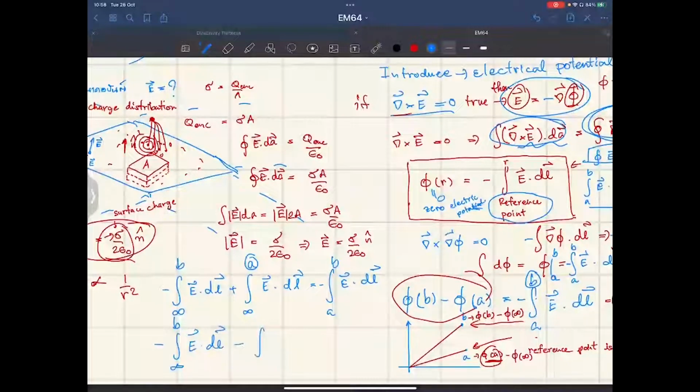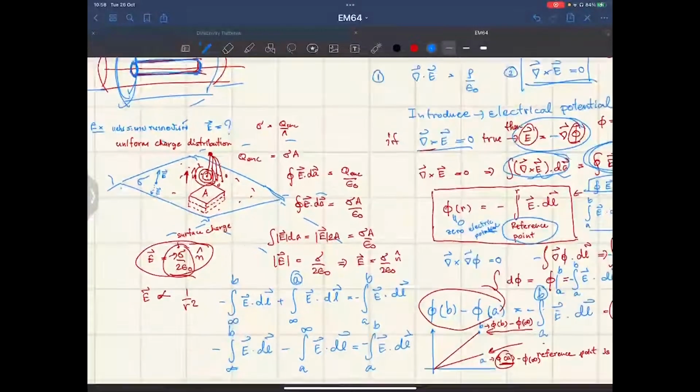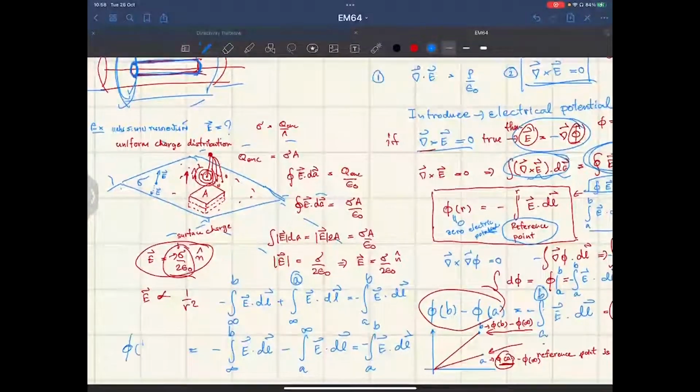I don't know why I converted. So by using this, we know that the whole thing is just the integral from A to B of E dot dl, which is what? Phi B minus phi A.